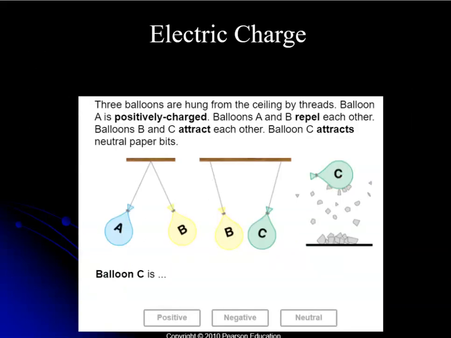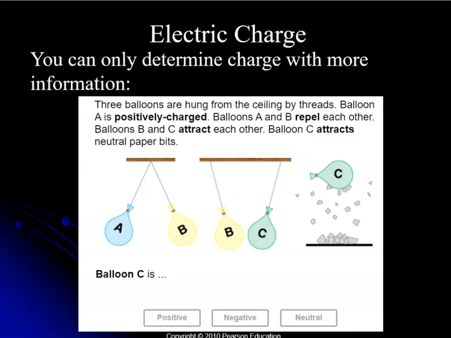So you have to have more information in order to be able to determine which charge something is. So, for example, if I just had balloons B and C, right here, I wouldn't know whether B was positive or neutral or C is positive or negative or neutral. I can't tell anything about that charge without more information.